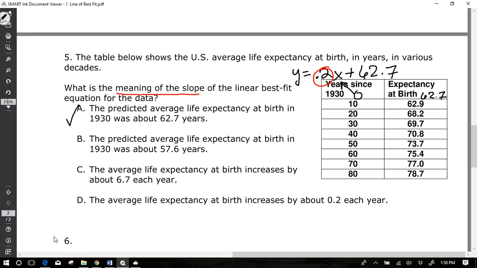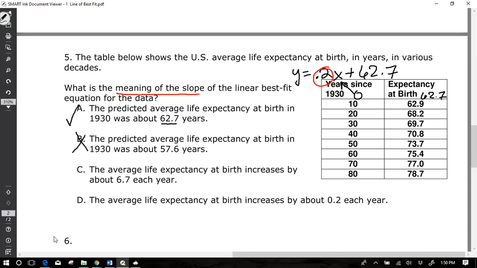Look at B. The predicted average life expectancy at birth was about 57.6. Is that true? The answer is no, that's not true because we just found that it was 62.7. The average life expectancy at birth increases by 6.7 each year.